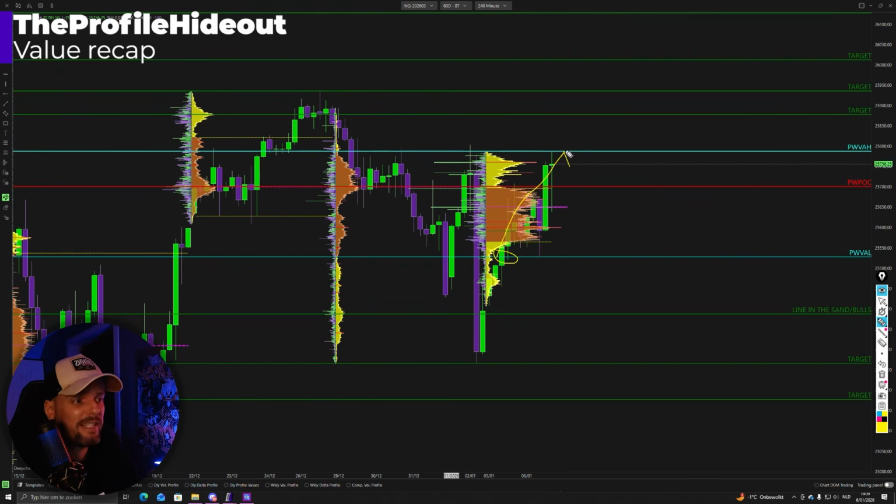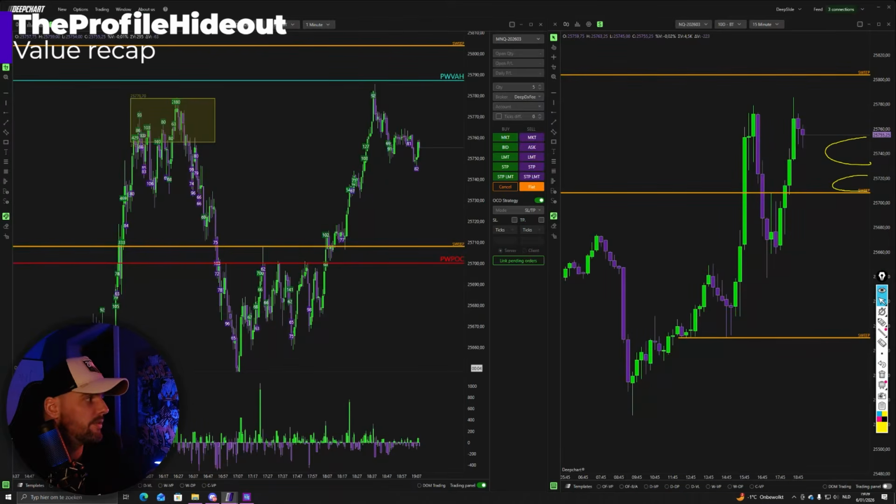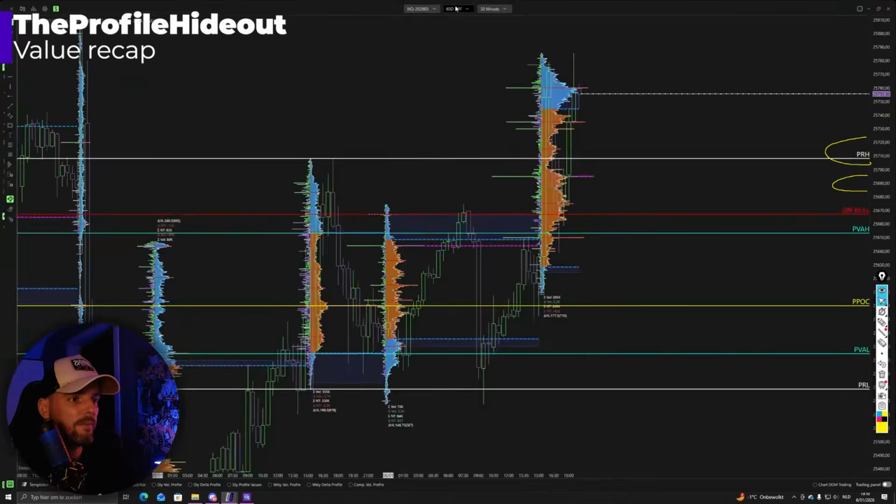The probability is there for price to reject and do a rotation, to be seen. The key levels, prior weekly value area high and the weekly point of control, are going to be the guidelines for the next sessions, or for tomorrow at least. Obviously the daily sessions will guide me too, but the weekly has been doing a great job this week.